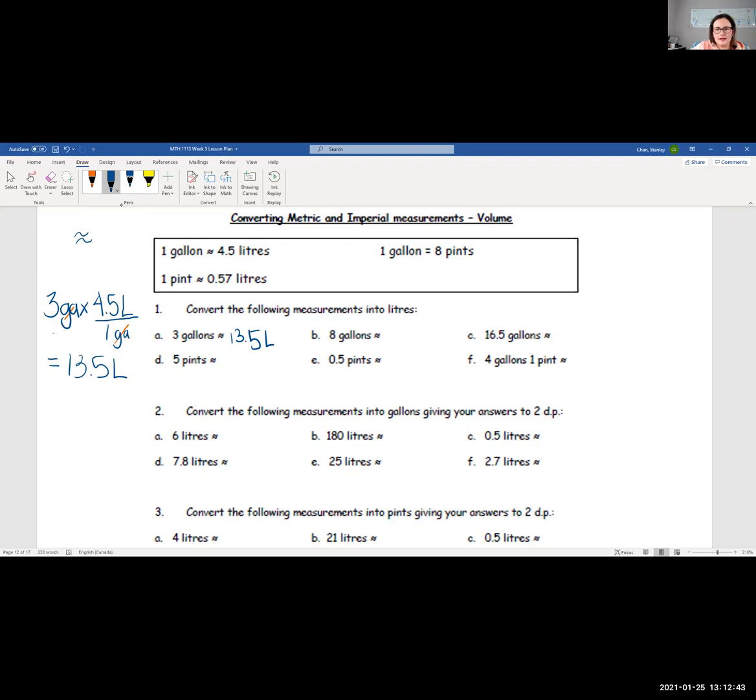8 gallons. So I'm going to multiply that by the same conversion factor, which is 4.5 over 1, or I could just do 8 times 4.5 equals 36 liters, right? 16 and a half gallons, so 16.5 gallons times 4.5 liters over 1 gallon.